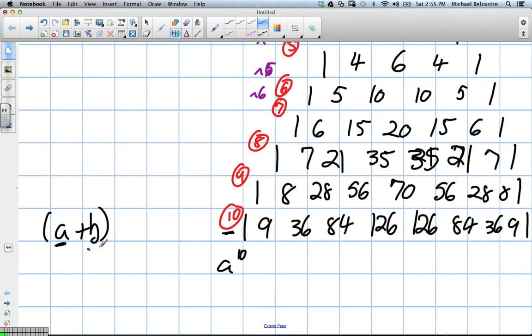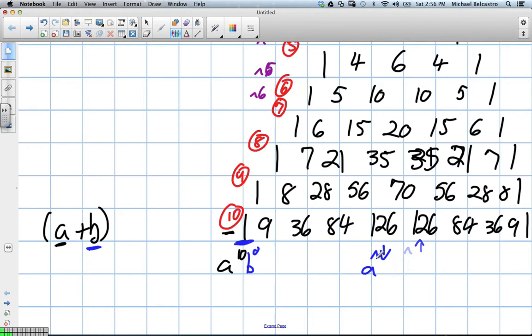Our second term will be to the power of 0 when we're talking about the first term in the binomial distribution. From there, we switch exponents. All of our exponents will always add to 10, okay? So when we get to this term here, our A will be to the power of 9, our B will be to the power of 1, so 9 and 1 is 10. We're always talking about 10. And as we move in this direction, our B exponents will increase while our A exponents will decrease. Okay, does that make sense?